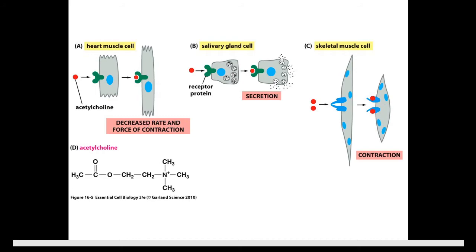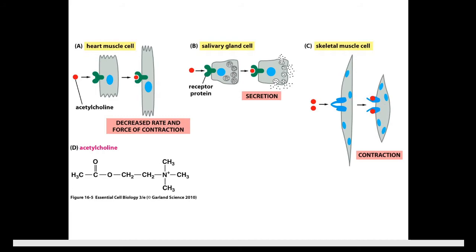This contraction makes the heart function. Heart functioning fully depends on the acetylcholine signaling receptor present on the cell surface of heart muscle cells.